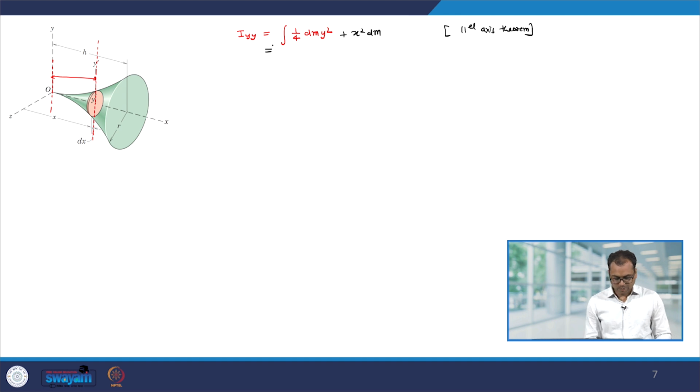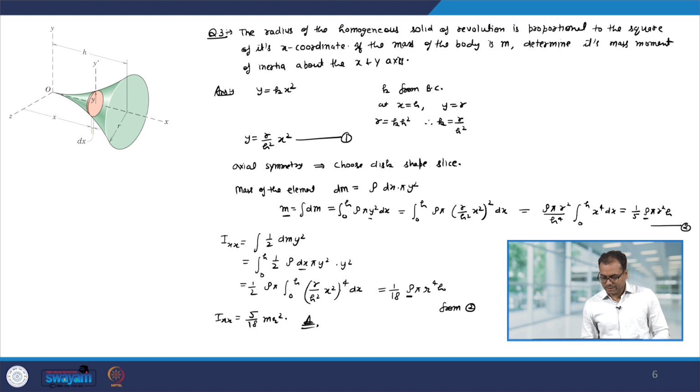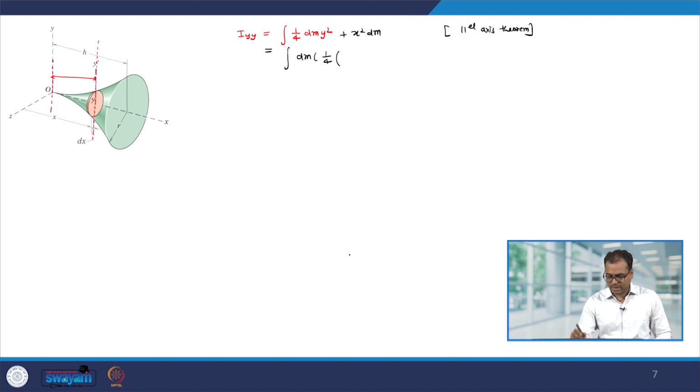Now we have to just put the values. So, we have integral dm, I can take outside 1 by 4, and then the value of y is (r over h) square x square. So, (r over h) square x square to the power 2 plus x square dm. Now, let us put the value of dm also.